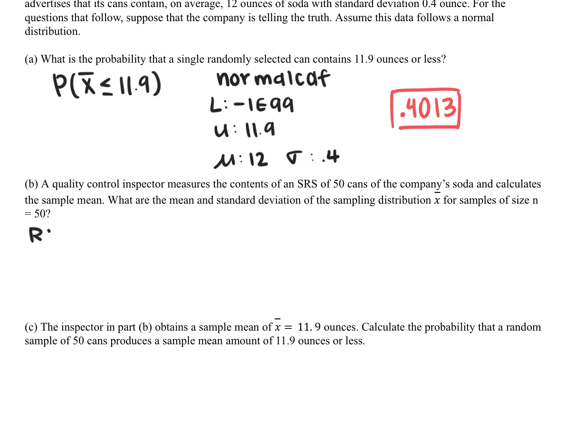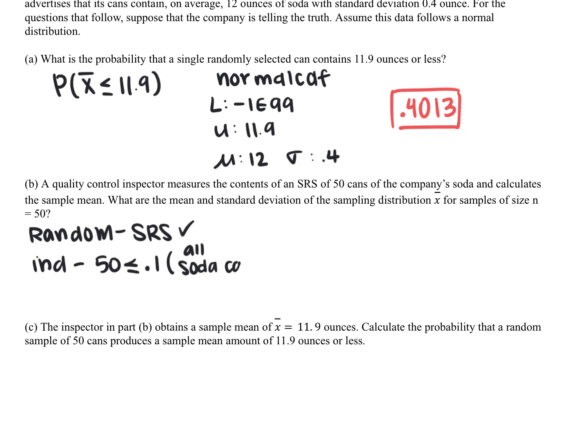So first I have to check random, which it is an SRS, so you are random. For independent, my sample size 50 has to be less than or equal to 10% of all soda cans, and there's going to be at least 500 of those.